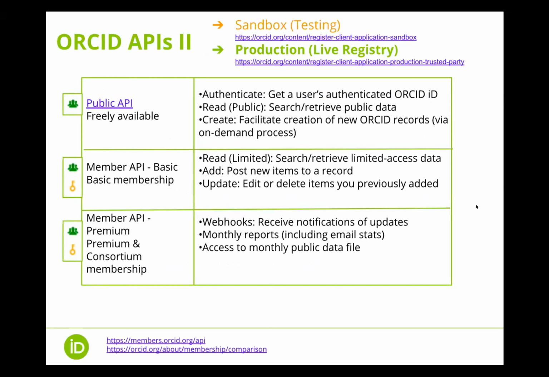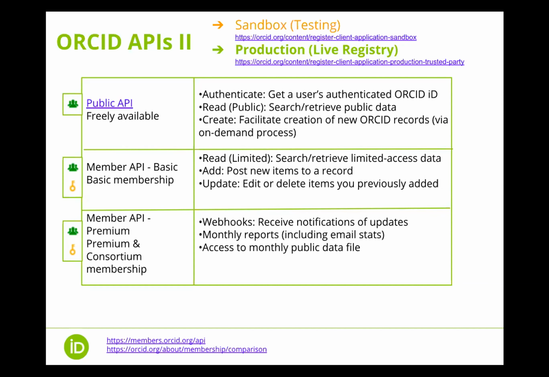And to let you know that we currently support 2 environments. So you can use the ORCID APIs in 2 different environments. The production registry, that is the registry where there are more than 11 million IDs and the associated metadata live.